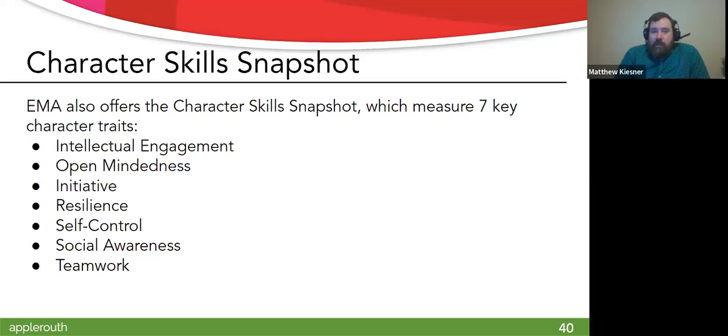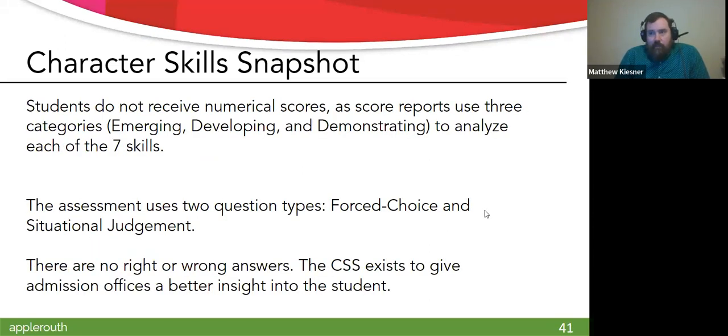It's about a 30-minute thing, and it looks at these character traits: intellectual engagement, open-mindedness, initiative, resilience, self-control, social awareness, teamwork. It is not about getting a perfect score. There's no numerical score, but you get placed in one of three categories: emerging, developing, demonstrating. So you can basically see how much is in there.